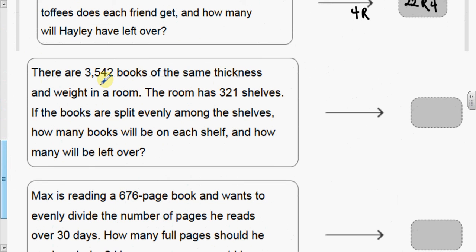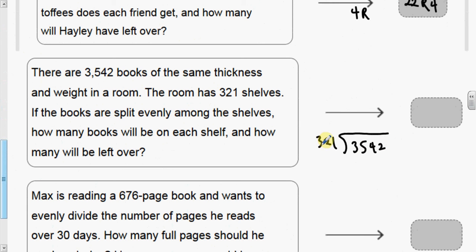There are 5,342 books of the same thickness and weight in a room. The room has 321 shelves. If the books are split evenly among the shelves, how many books will be on each shelf and how many will be left over? Again, we're going to divide 321 into 5,342.